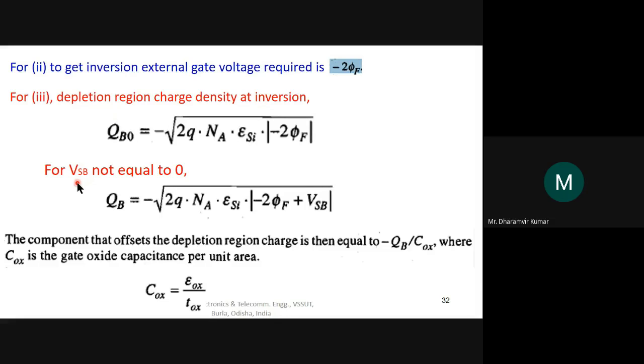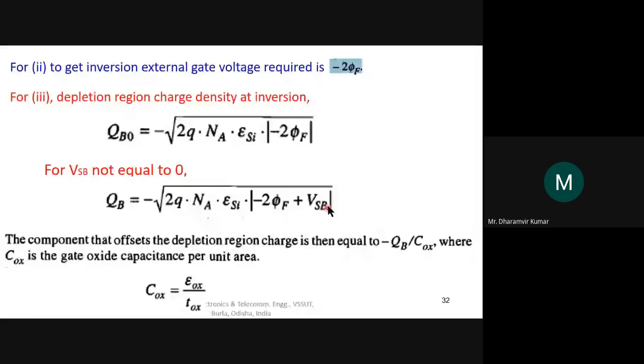So in situations when VSB is not equal to 0, this particular parameter has to be taken into account, and this term will appear here, that is minus 2 phi F plus VSB, and this will give a more general equation for the depletion region charge density QB. Note that VSB may or may not be equal to 0, but for most cases VSB would be equal to 0, though in some cases it may not be, so keep that point in mind.